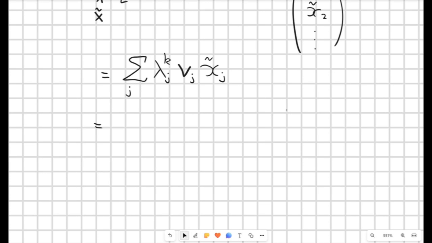So this will be equal to lambda 1 to the power of k multiplied by the summation over j of lambda j divided by lambda 1, all to the power of k, and then everything else is the same.